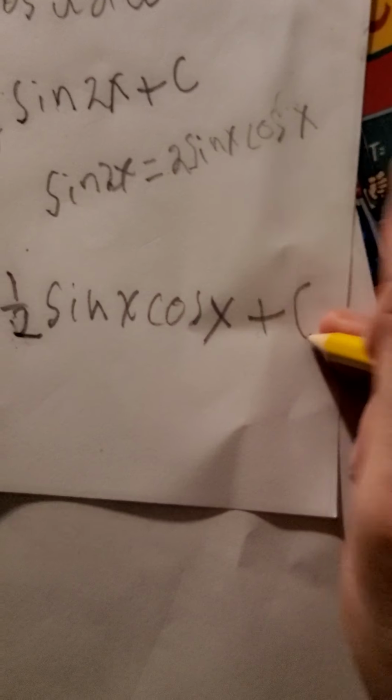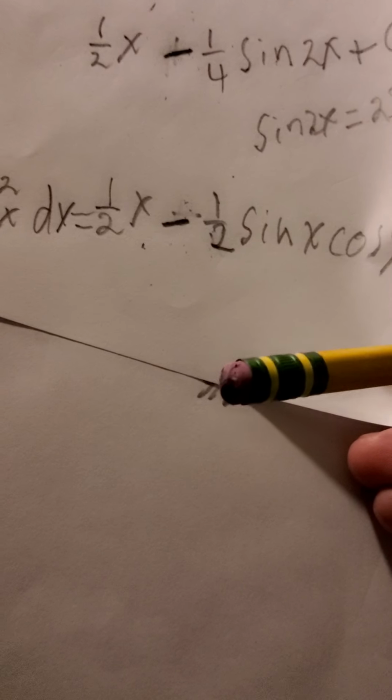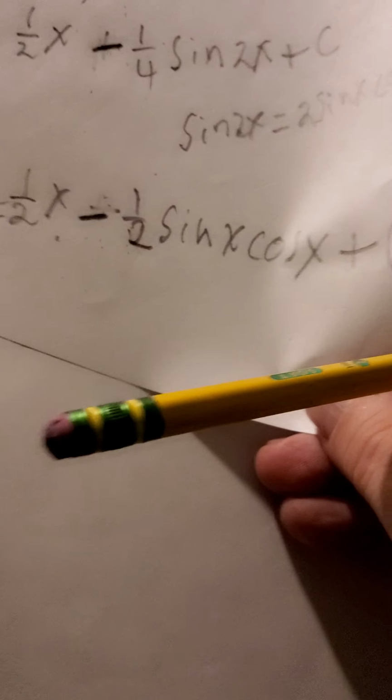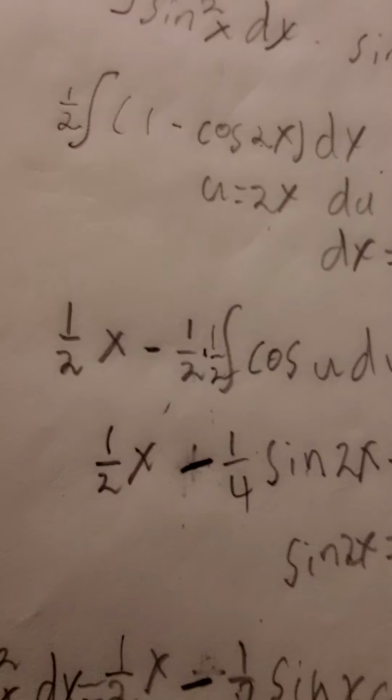And both of them have a c next to them, because this is a definite integral. Okay, I mean indefinite integral. This is an indefinite integral because it doesn't have limits of integration, so there's a constant there. So the answer to the integral of sine squared x dx equals 1/2 x minus 1/2 sine x cosine x plus c, using the half angle formula.